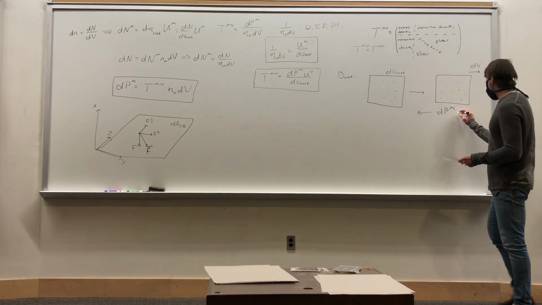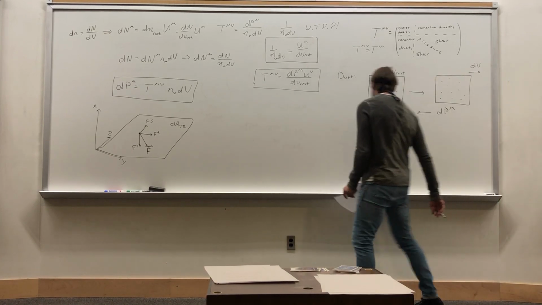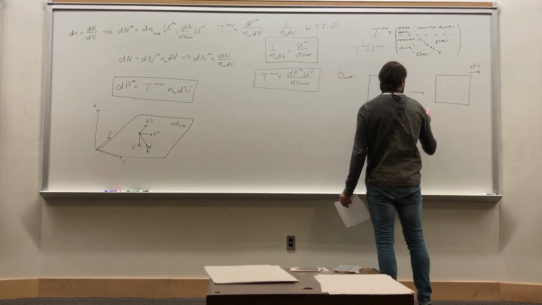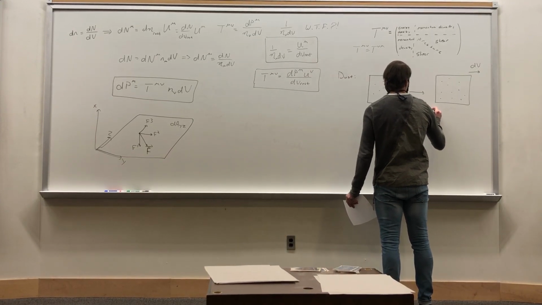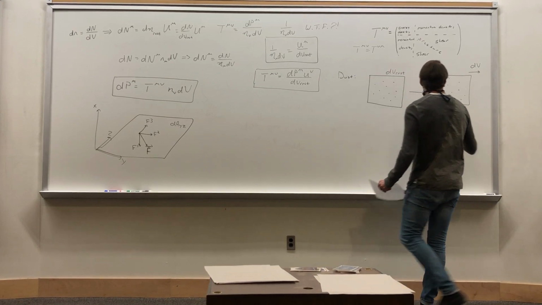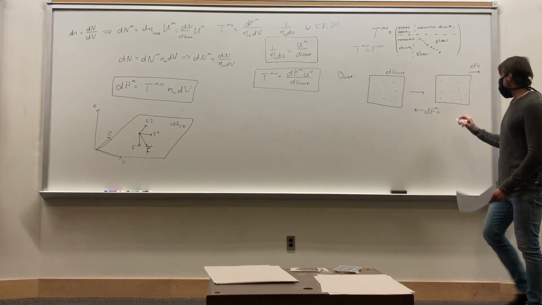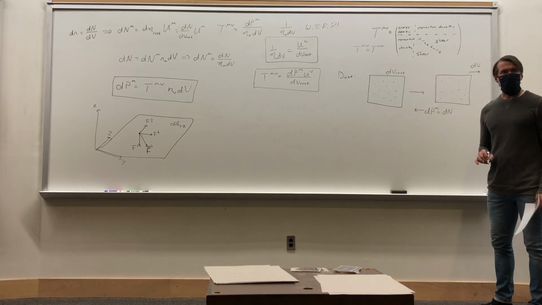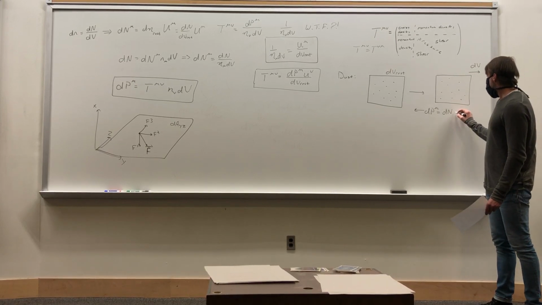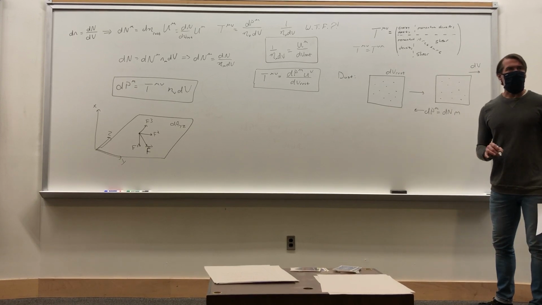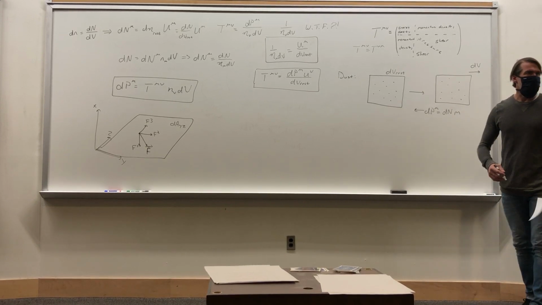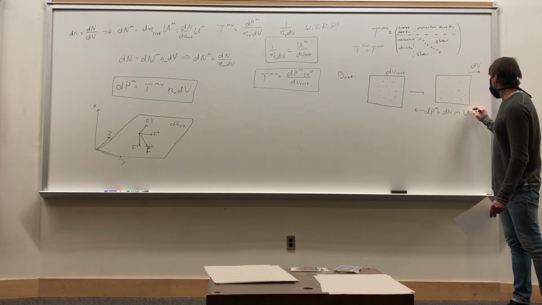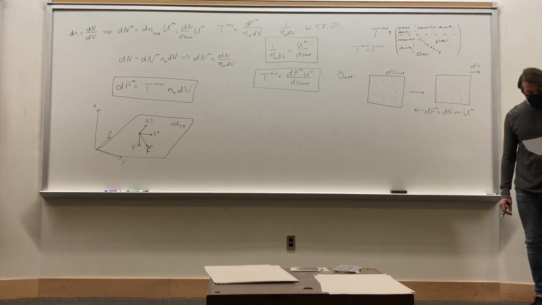Which in this case we can write as dp mu as the number of particles times each of their masses, so we'll just take them all to be the same mass, so it's just m for all of them, times the form velocity.